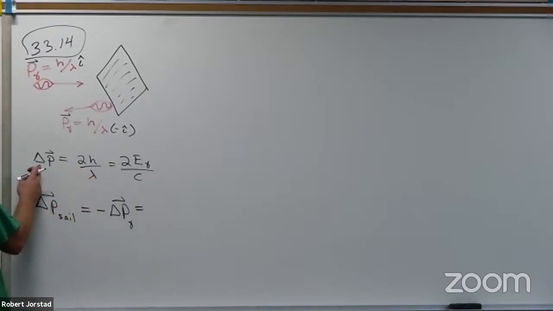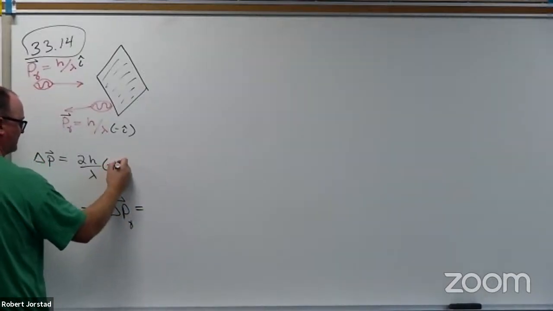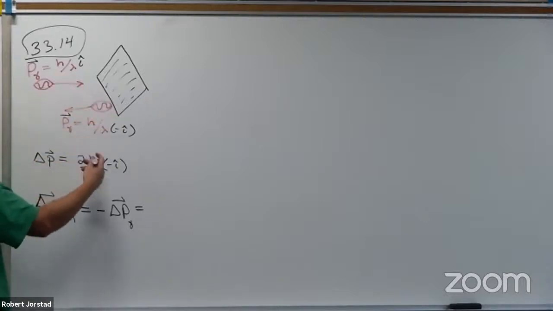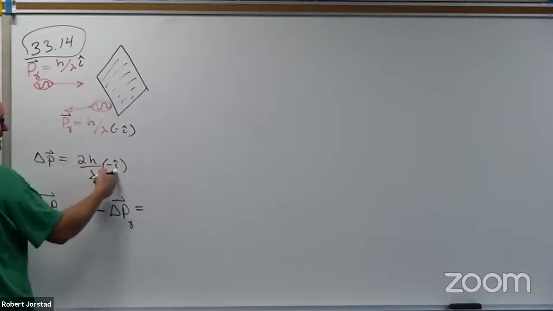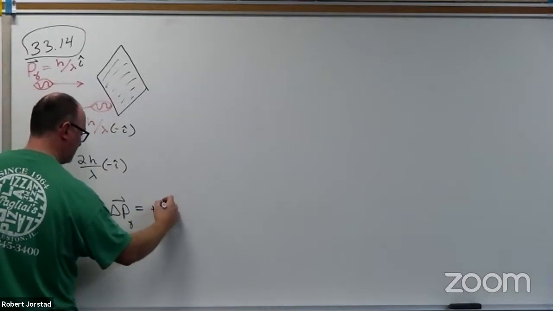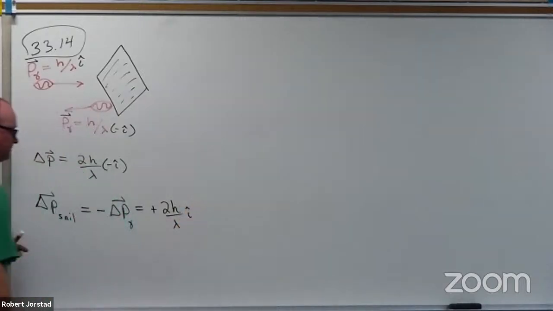This was a change in momentum, so it had a direction associated with it. This was negative i hat. It went from plus h over lambda in the i hat to negative h over lambda, so that's why it's 2h over lambda in the negative i hat. So the sail's change in momentum would then be positive 2h over lambda in the i hat. Great. So that is the origin of the force.